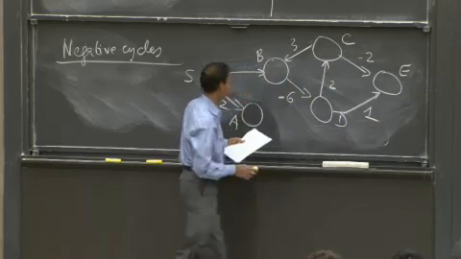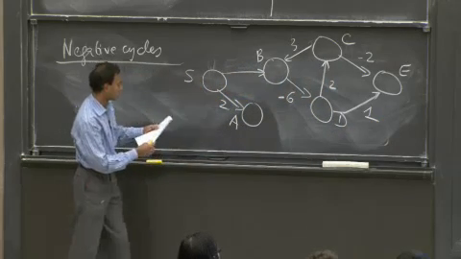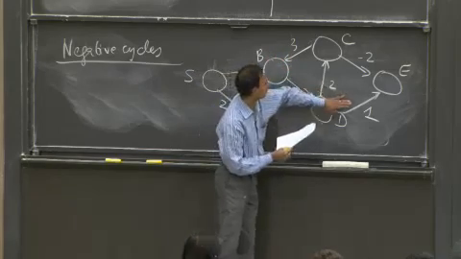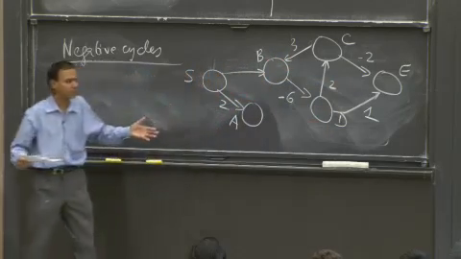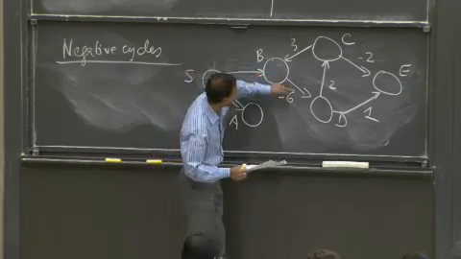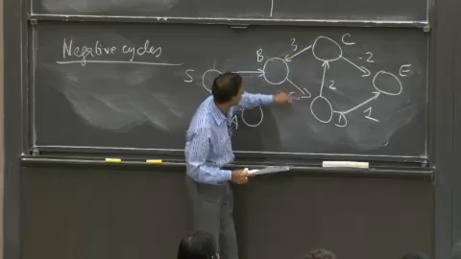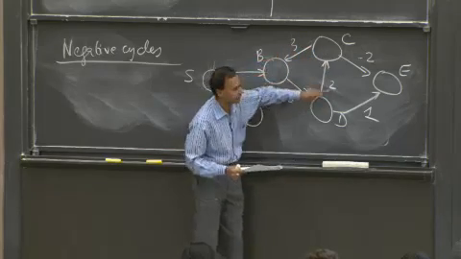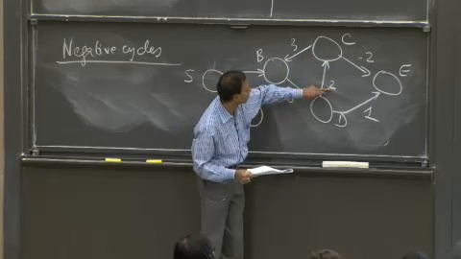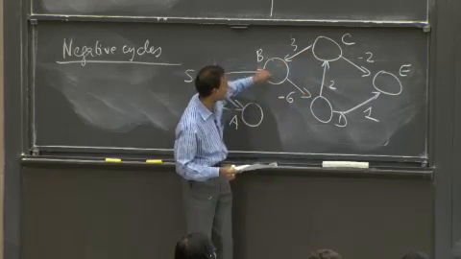I think I got those right. So 2, 4, -6 over here, 3, 2, 1, and -2. One thing that you notice from this graph is that you got this annoying cycle here that's a negative weight cycle. And that's why I've picked this particular example. -6 plus 2 is -4. -4 plus 3 is -1.